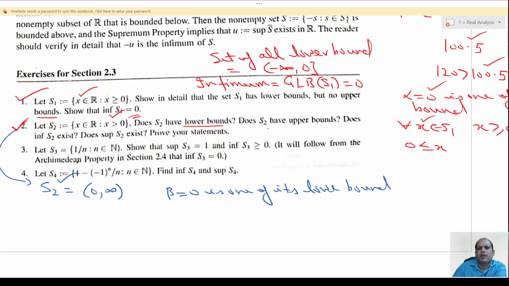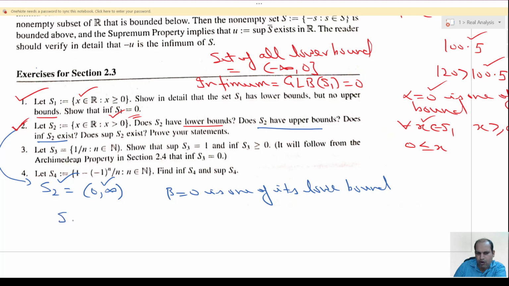Another question, does S2 have upper bounds? No, S2 has no upper bounds, because we will get a real number which will exceed that upper bound, whatever our claim be. So S2 has no upper bound. Does the infimum of S2 exist? Yes, the infimum of S2 exists. So for that we will use the technique.